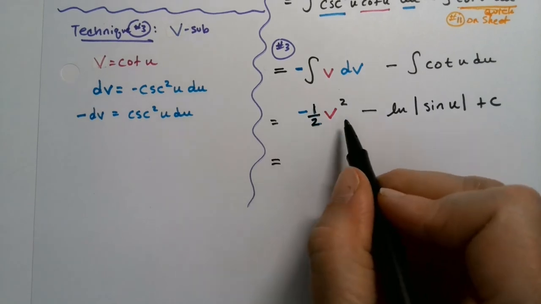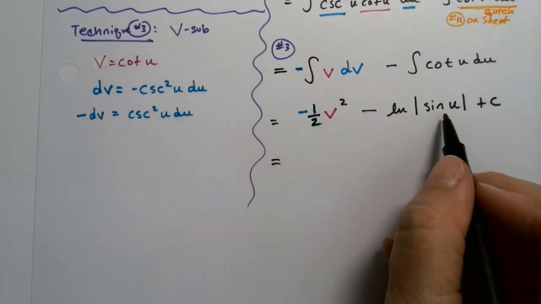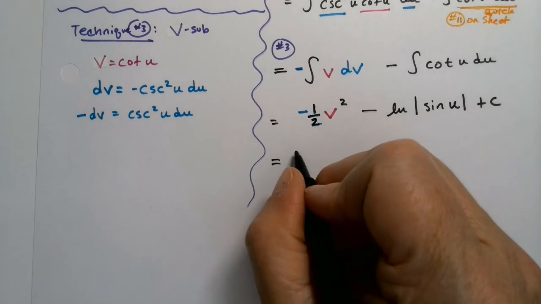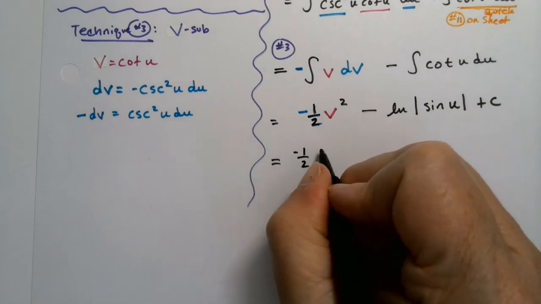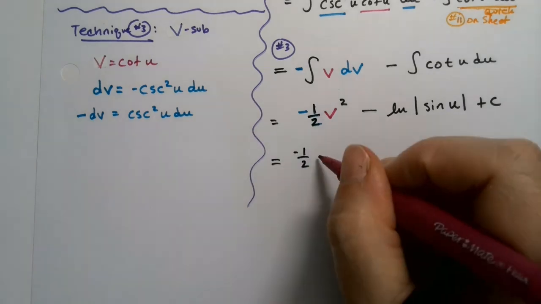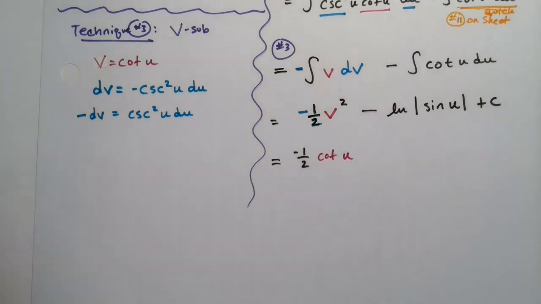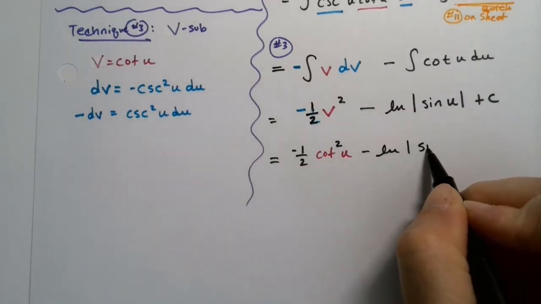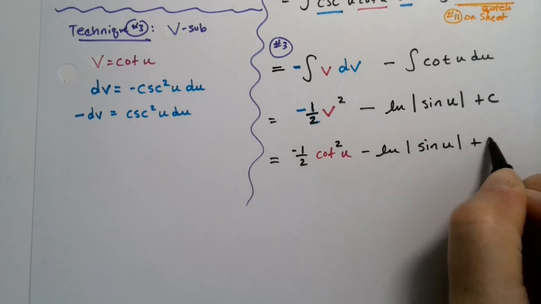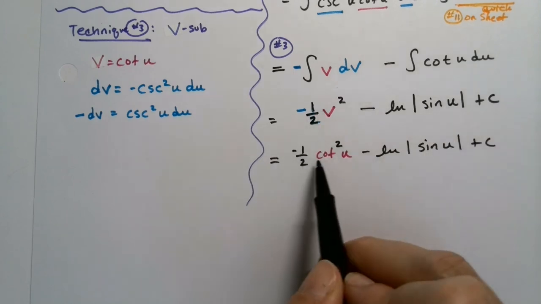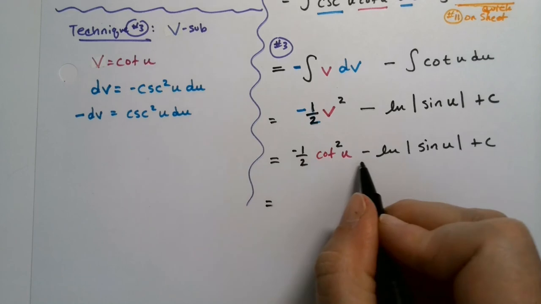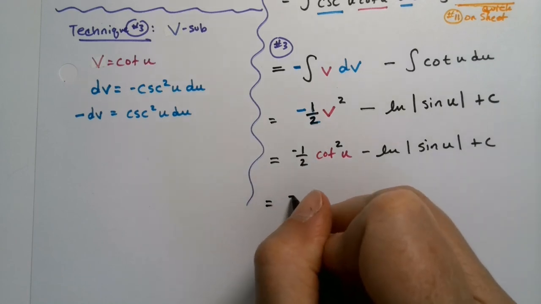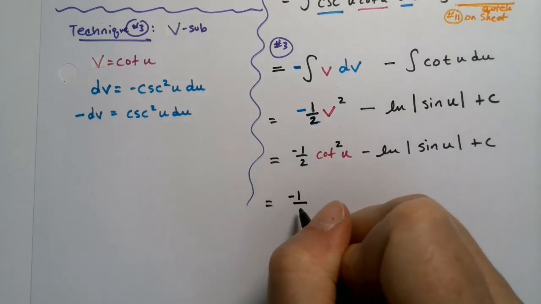All right, now I have to go back in and put what these values were. So v was cotangent of u, so this is negative 1/2 cotangent u, but squared, minus natural log. I'm holding off on the u because I'm trying to make them go together. Now I've got just u's. And now I'm going to get rid of both of my u's and put back in what u was. So u was e to the x.